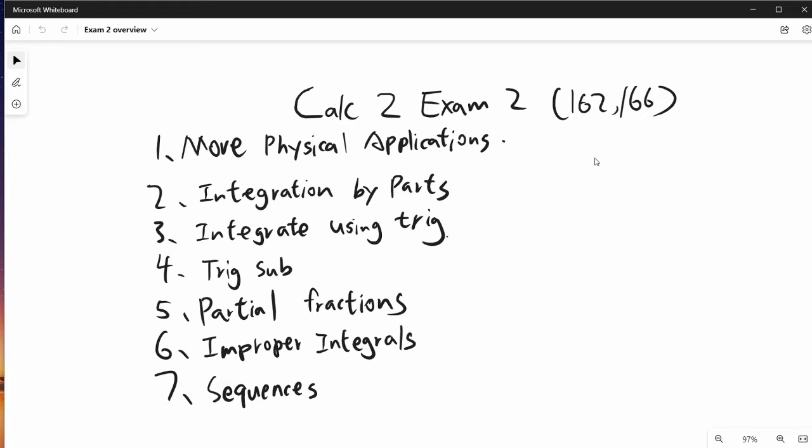The fifth concept would be partial fractions, another pretty important integration technique. Then finish off the integration part with improper integrals. And then finally, the intro to sequences and some series, I think.